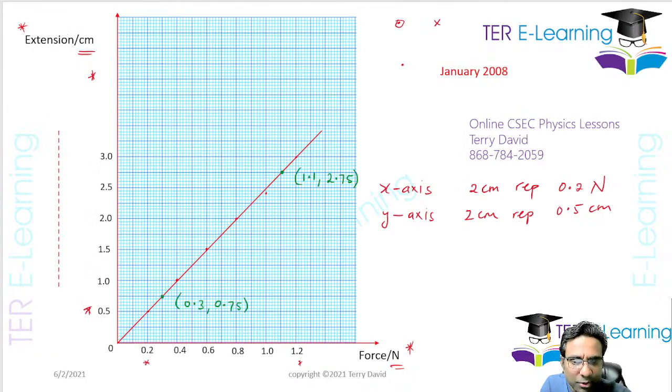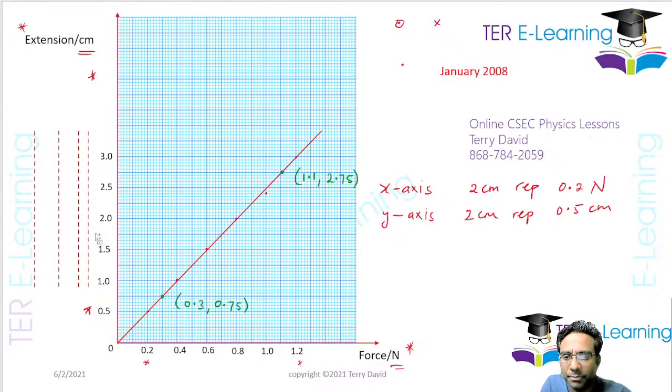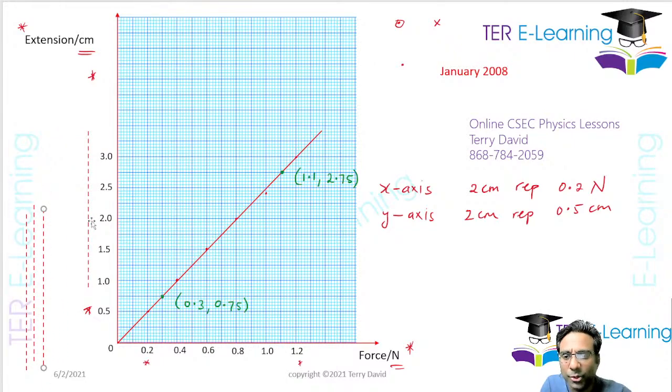So we need to figure out where 1.8 is on this diagram. Let me just get some more of these lines first of all. Let's keep this here. So we want 1.8. You need to go to your graph and read off where 1.8 is on that graph. That's the first thing we need to do.